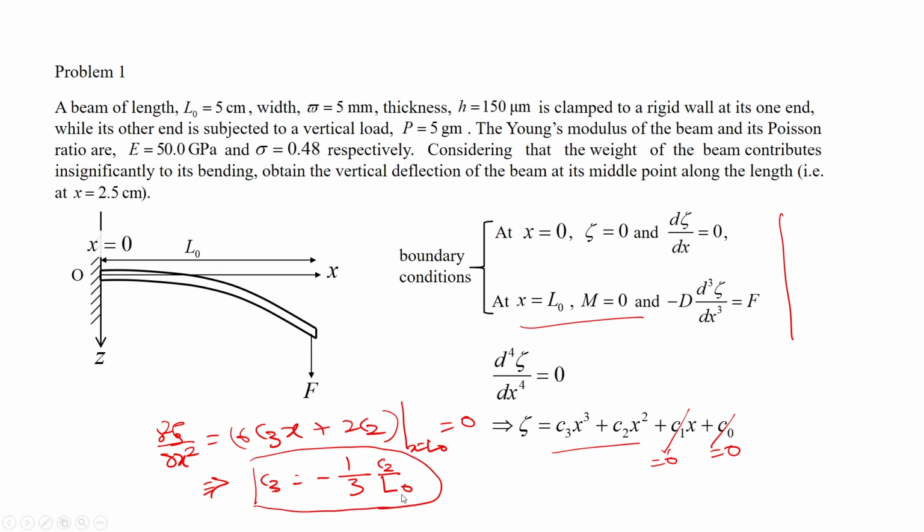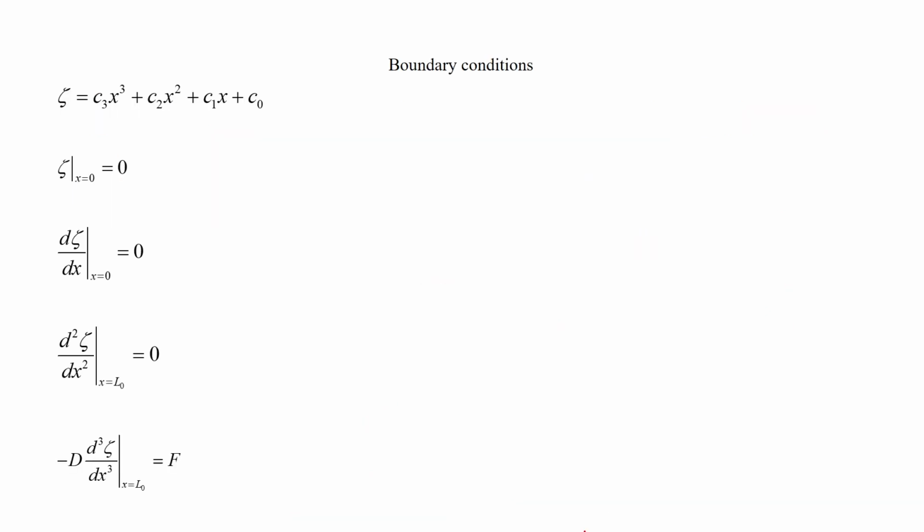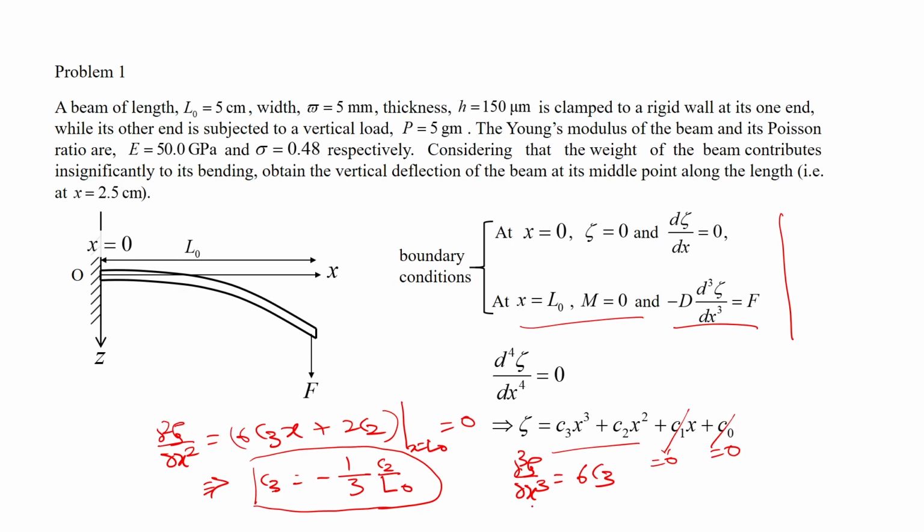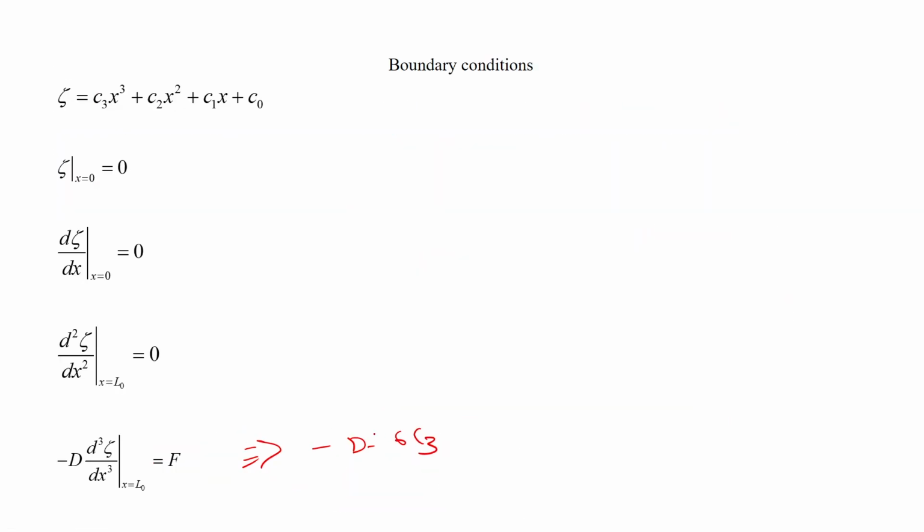So, C3 is equal to this, and then the other condition is this, which we also have to find out. Del cube zeta by del x cube comes out to be 6 C3, and this is minus D times 6 C3, which is equal to F here.